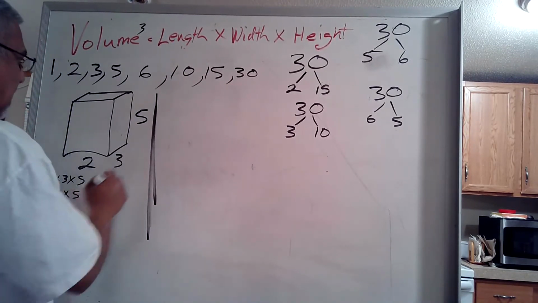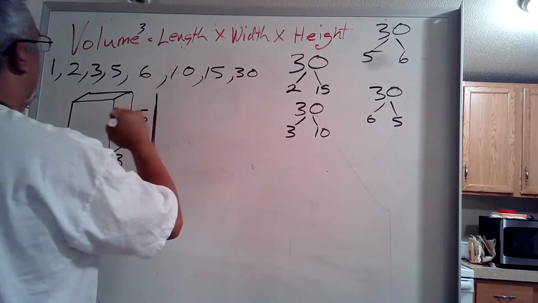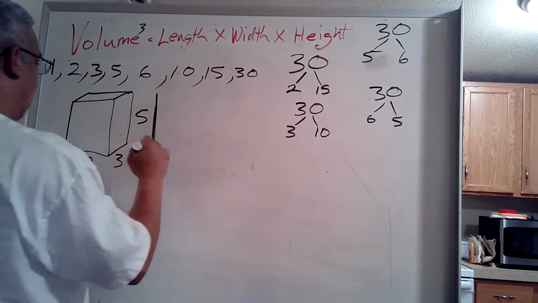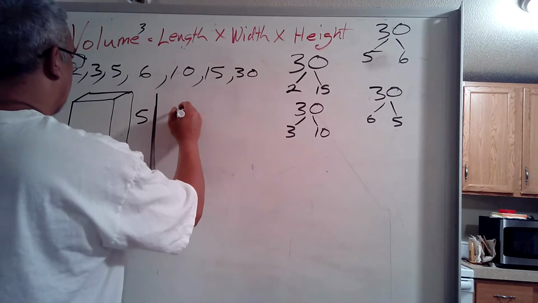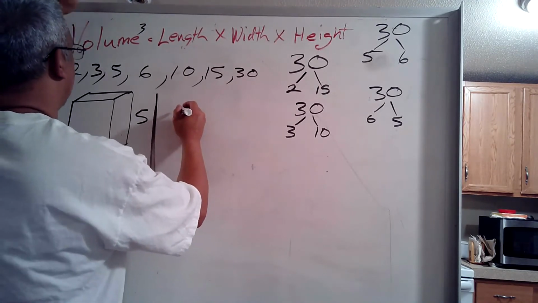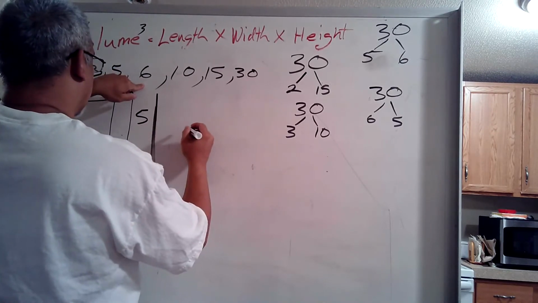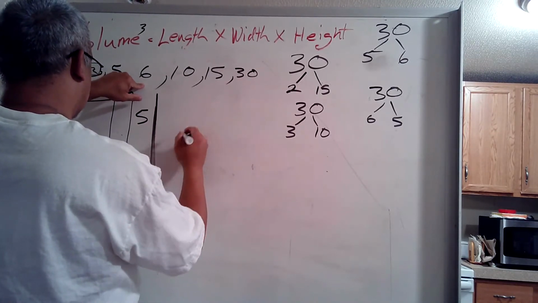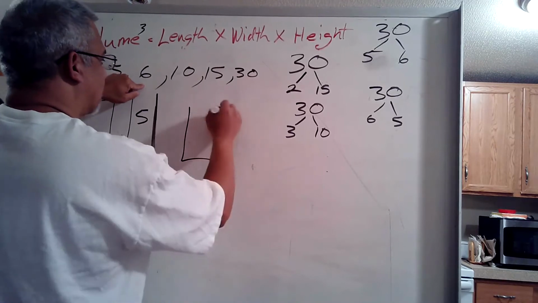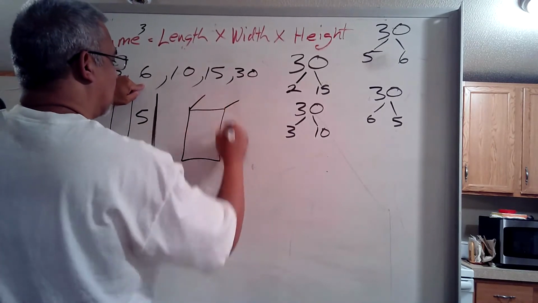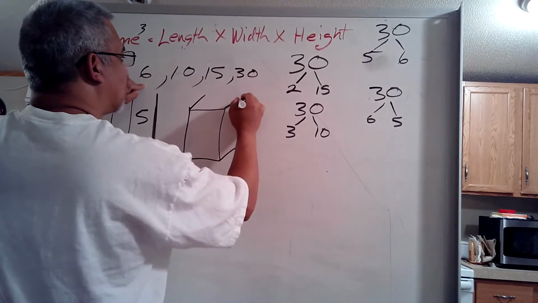Now, didn't you say that we could also make 30 by going, let's see, what's another way we can make 30? We can break that. 3, okay, so we draw another box. The box isn't what's really important, it's the numbers.